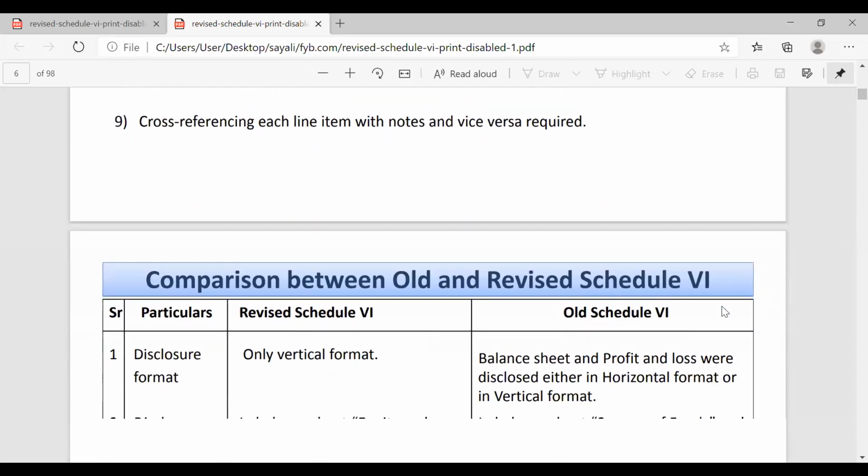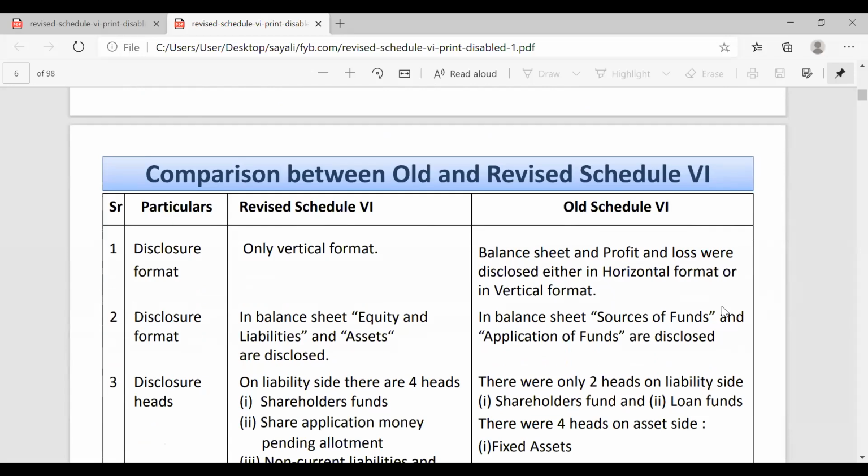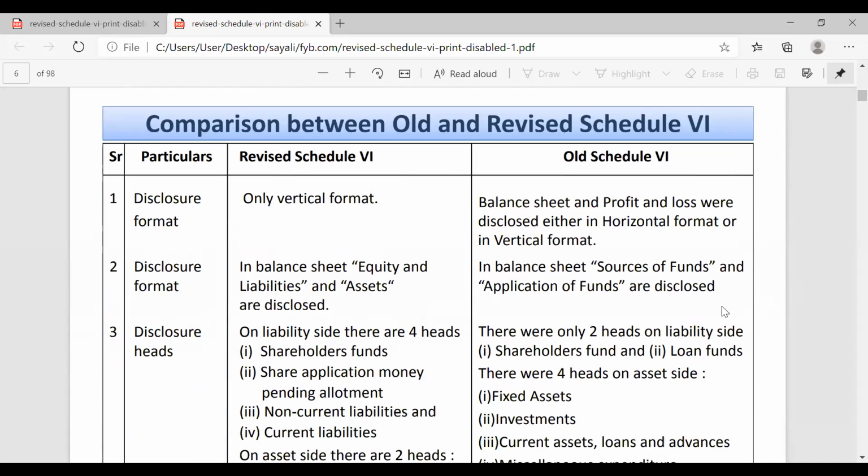So these are the general instructions. Now we discuss the comparison between the old and revised Schedule 6. What is the old balance sheet, or what are the old provisions related to the preparation of financial statements? First, disclosure. As you know, the revised Schedule 6 is only in vertical format, but in the old schedule you could use horizontal as well as vertical.